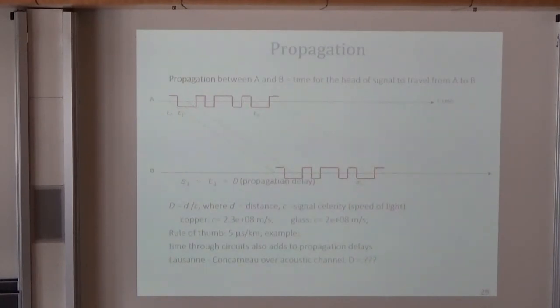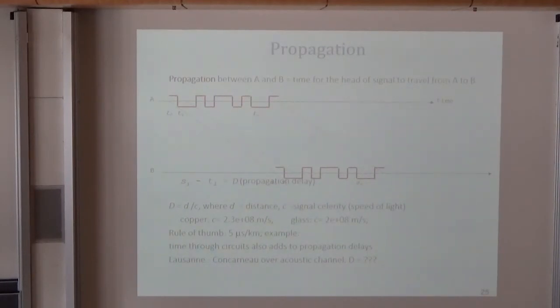The speed is the same regardless of the frequency, but the medium may make a difference. In a vacuum or in the air, it's 300,000 kilometers per second. So it's 3 × 10⁸. In other medium, like glass or copper, it's a bit less, but not much. So roughly speaking, the same.